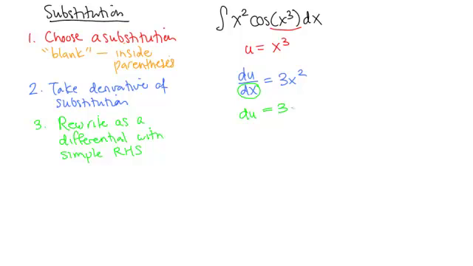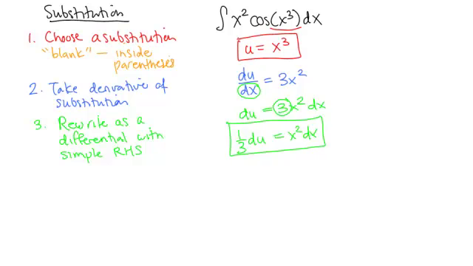So we're going to have du is equal to 3x squared dx. And then, if we have any constant on the right-hand side, we're going to divide it. And so we're going to end up having 1/3 du is equal to x squared dx. This is sometimes called the differential for the substitution, as opposed to the actual substitution, which we made at the beginning. These two equations right here are going to form the heart of making a substitution.